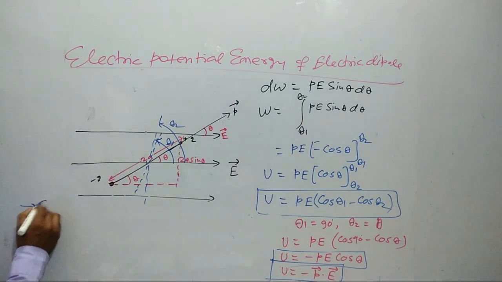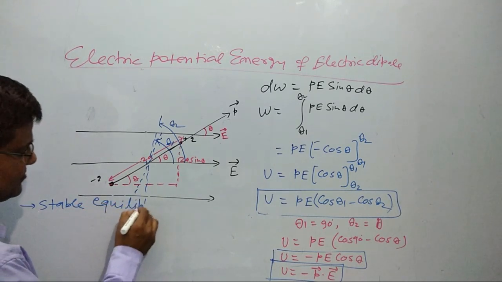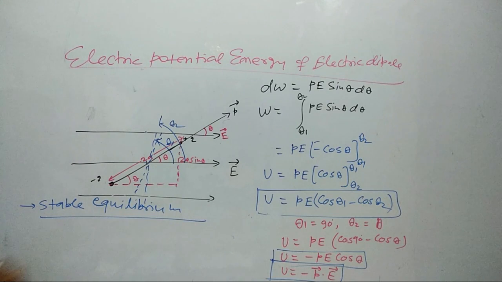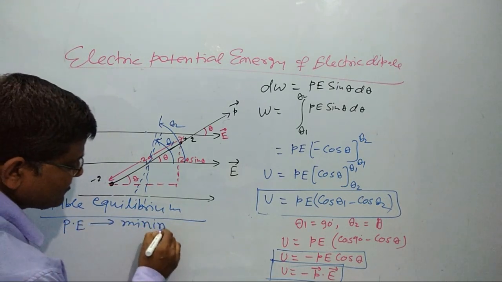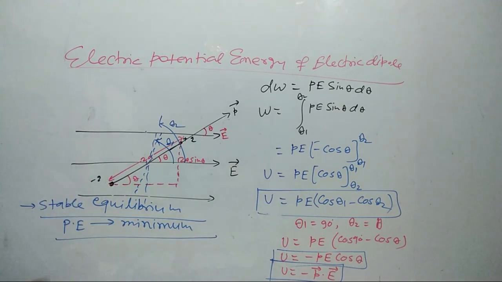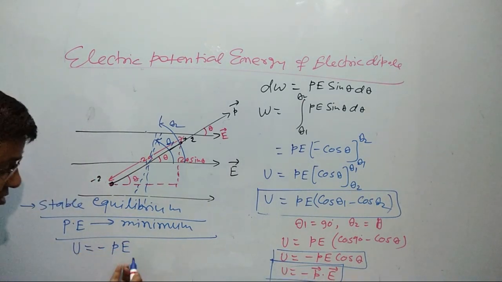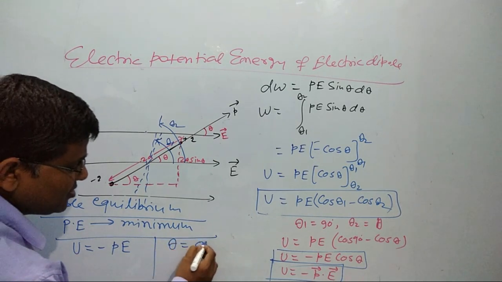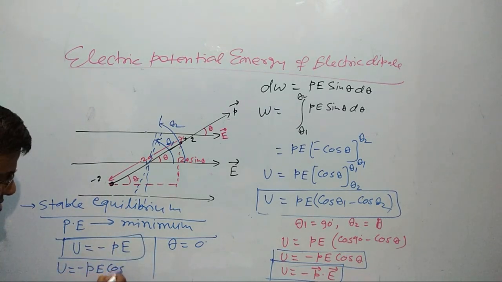Two more things: stable equilibrium and unstable equilibrium. Stable equilibrium means the potential energy should be minimum. For minimum potential energy, it should be minus pE. How does it become that? When theta is equal to 0 degrees, then U equals minus pE cos 0 degrees, which becomes minus pE.